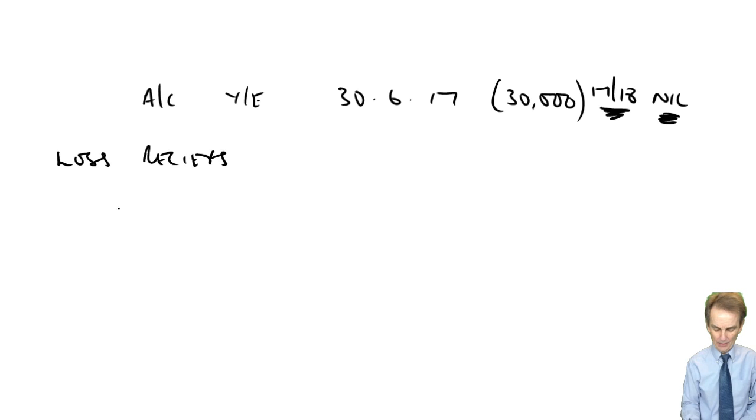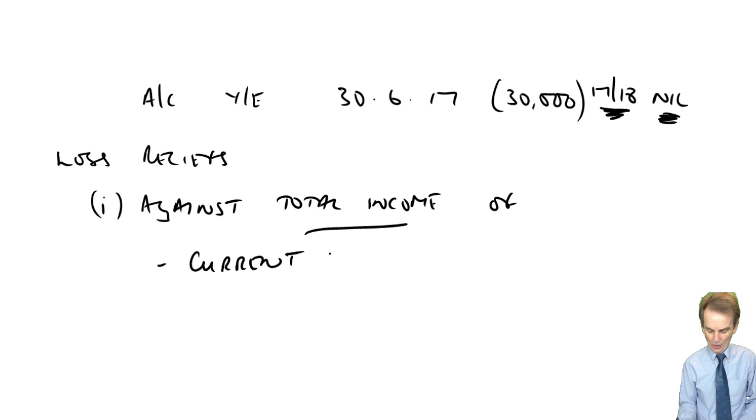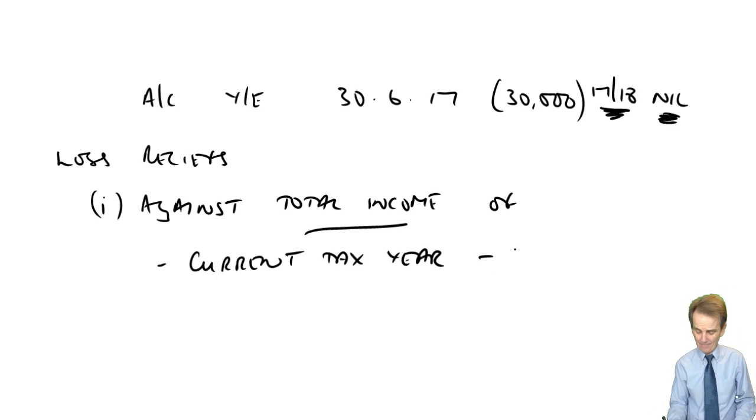The loss reliefs available, firstly, against total income of the current tax year. What have we already agreed the current tax year to be? It is 1718.